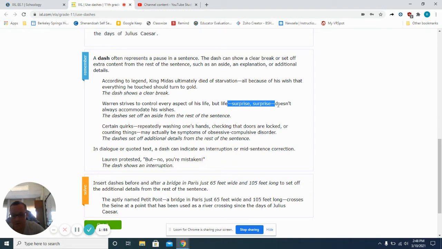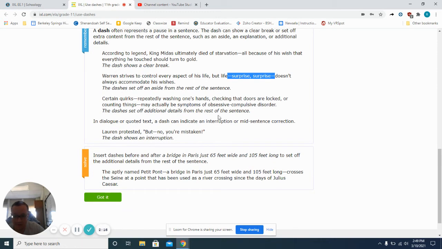So if you find yourself stumbling over a part of one of these examples, then that's probably where the dash should go. And if you put the dashes there and you have two dashes because you're trying to set off an interrupter, and you read the sentence without the part between the dashes, like I just did, the sentence should still make sense. And the same goes for this down here.